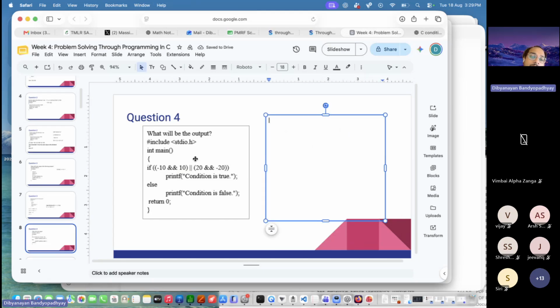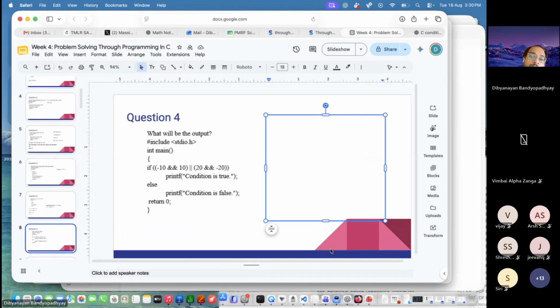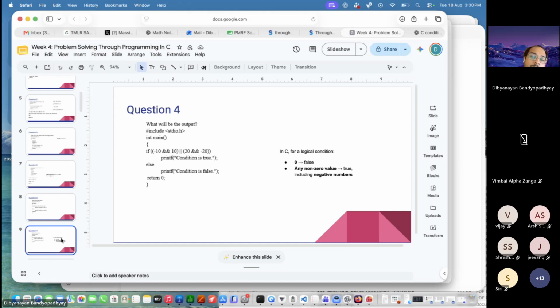So try to evaluate these two parts separately and then see what is happening. Condition is true, condition is true. Okay. For some people who need a hint, this is the hint actually.